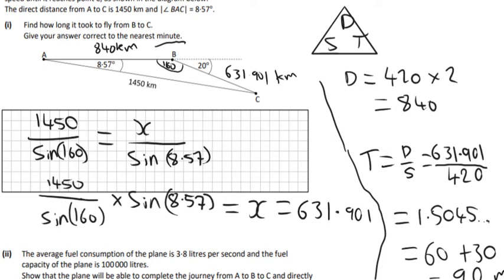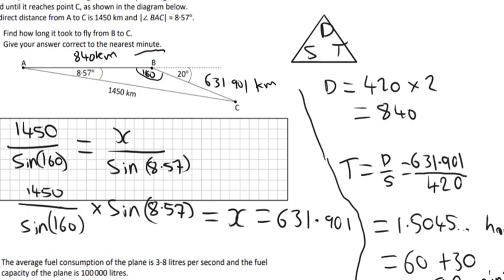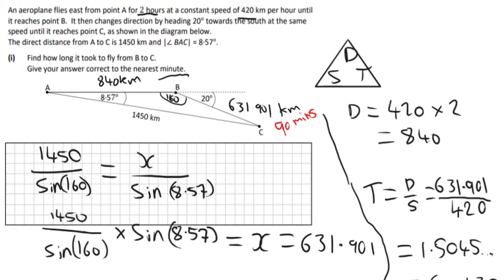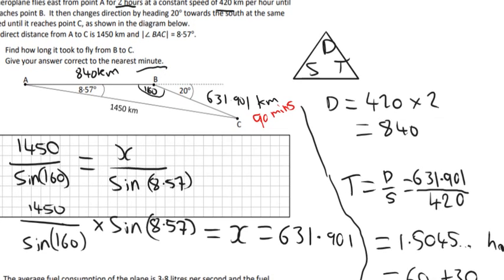We have the distance from A to B. We also have the time now from B to C. That's 90 minutes. And we know from the very first sentence in part A that it took 2 hours, so it's 120 minutes. So 120 minutes from A to B.